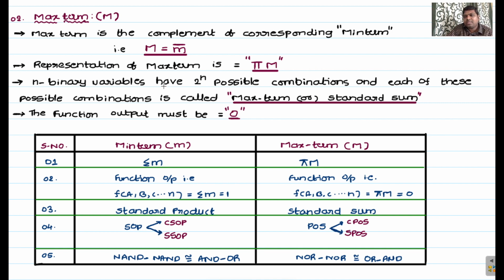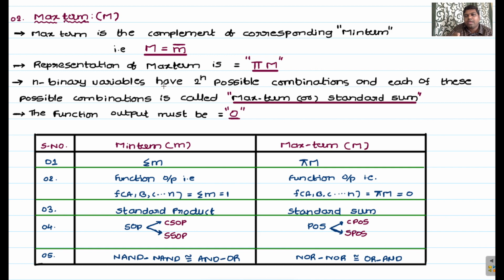So min term is nothing but a product term, also called a standard product, denoted by small m, and the representation is sigma m. The function output should be equal to 1 only when all the product terms have each and every literal.